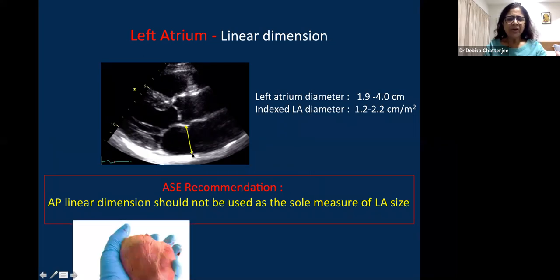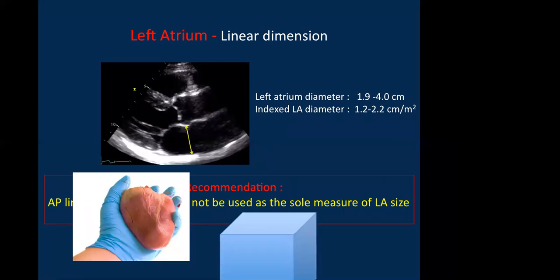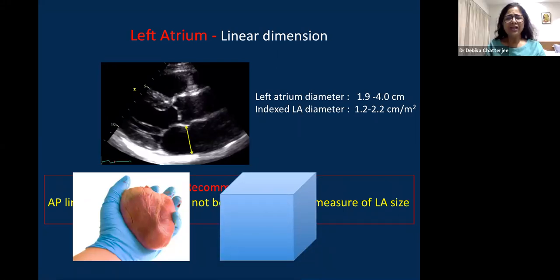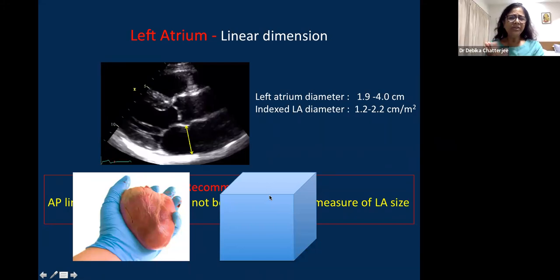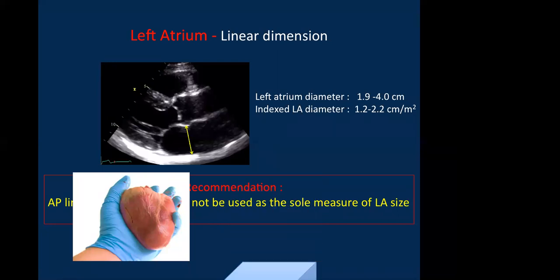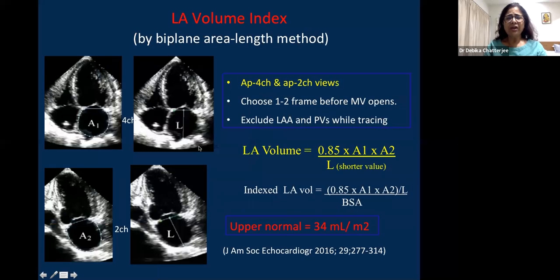LA is a chamber, and a heart chamber is a three-dimensional structure. It has not only the anteroposterior diameter, it has superior to inferior diameter, and medial to lateral. So if you measure only the anteroposterior linear dimension, this is not enough.